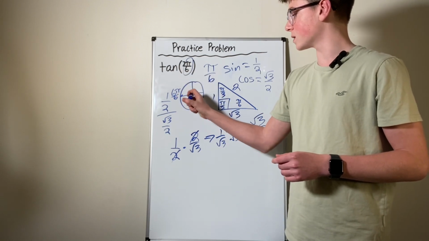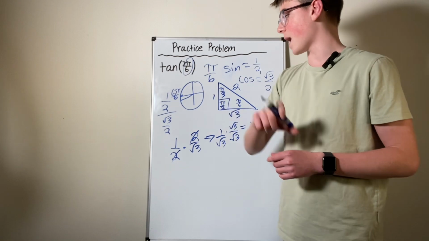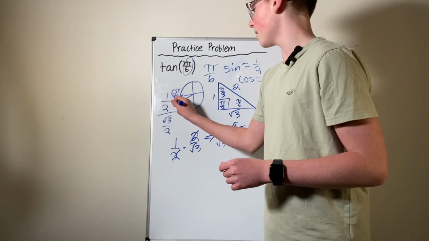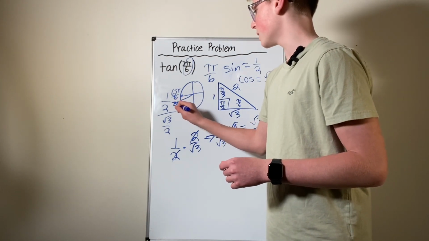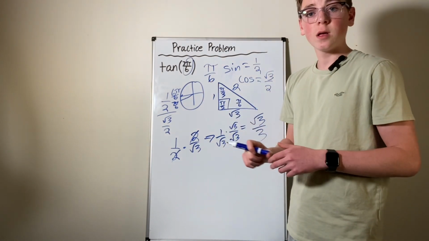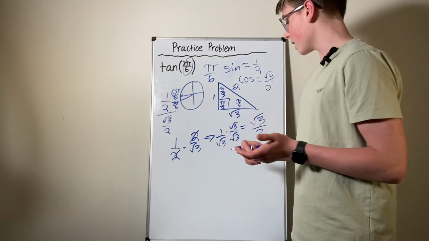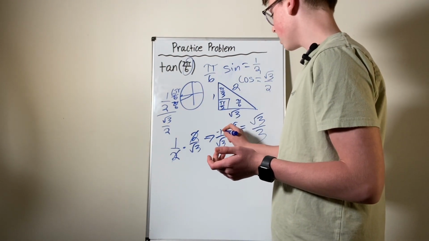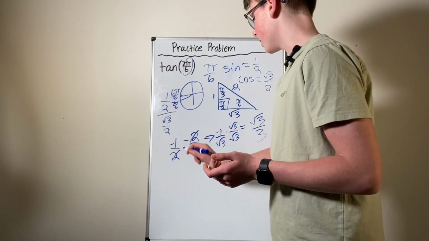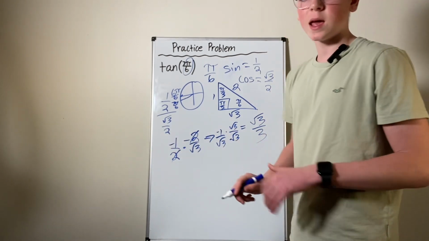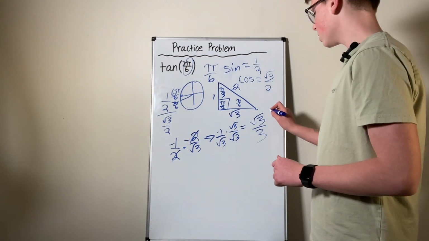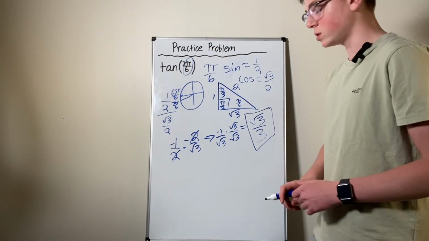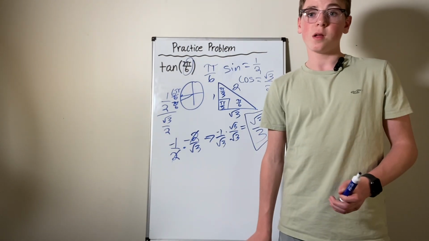And then pi over 6 further than that would be like that. So this would be 7 pi over 6. And in the third quadrant, cosine and sine are both negative. And since these are both negative, a negative divided by a negative is a positive. So your answer is root 3 over 3.